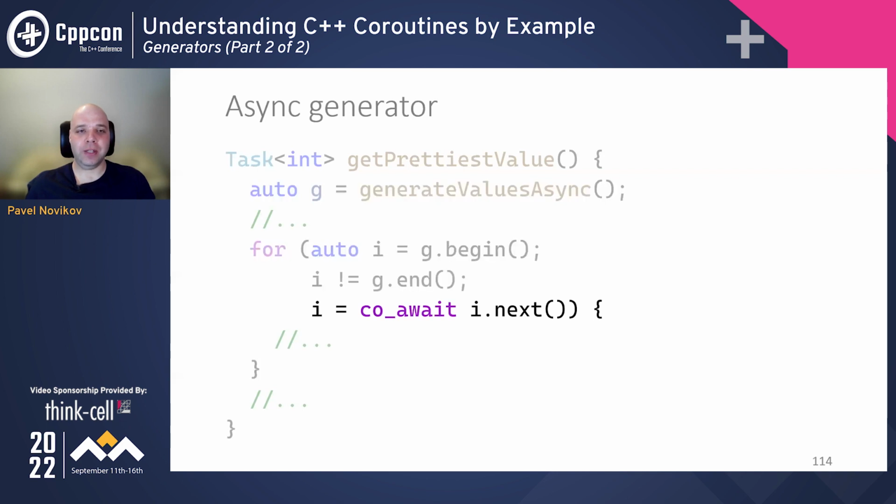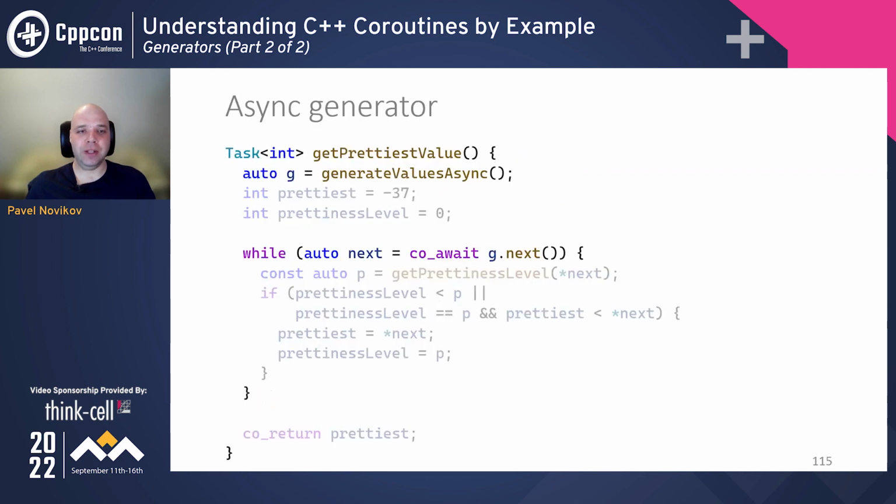And the consensus is that basically nobody does this, and everybody does it like this. We, in this case, have a while loop. We co_await on some notion of next element that we get from our generator.